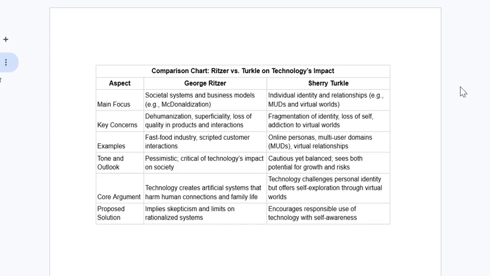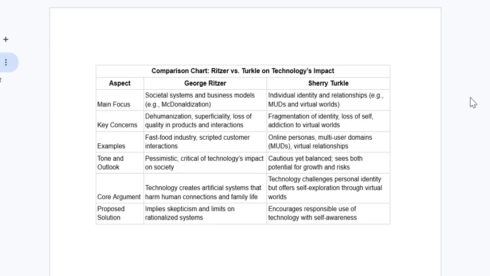The tone of Ritzer's perspective is pessimistic, critical of technology's impact on society. The tone of Turkle's perspective is cautious yet balanced. She sees both potential for growth and the risks.